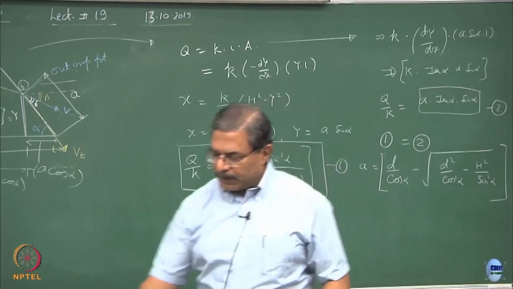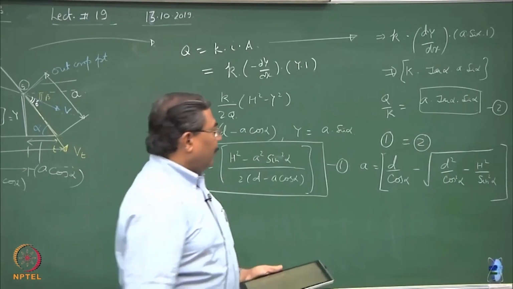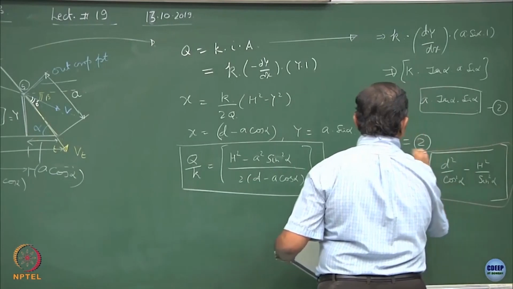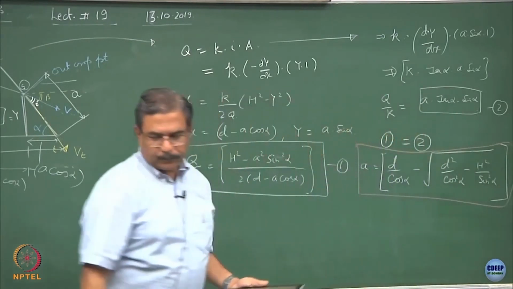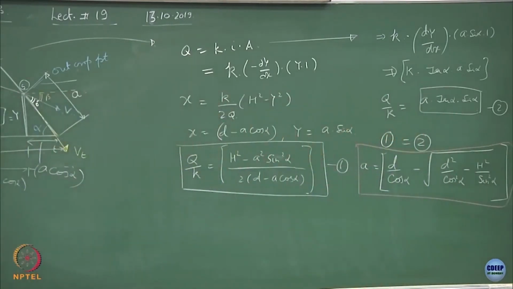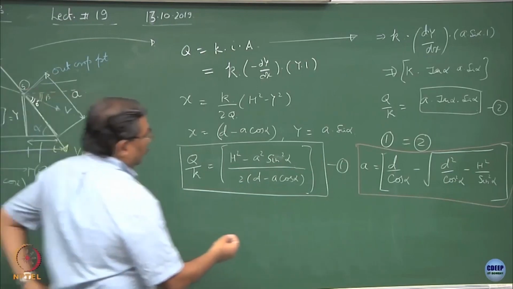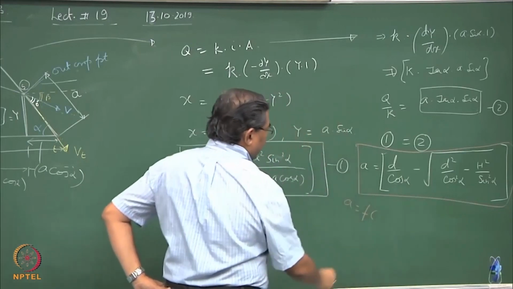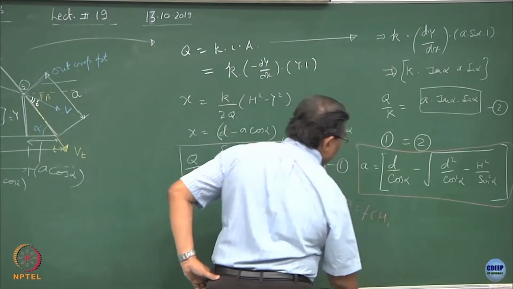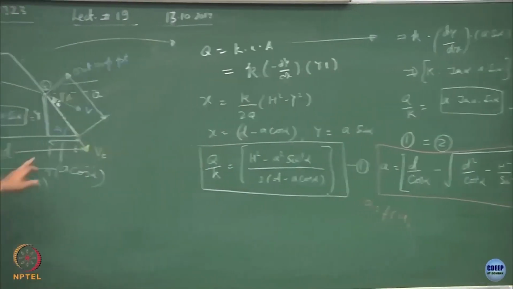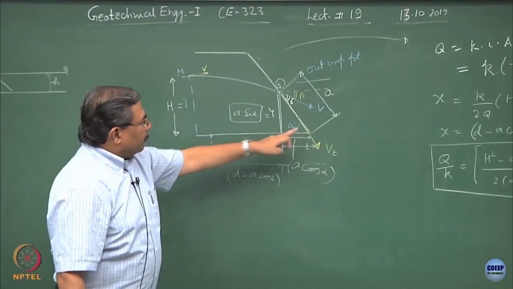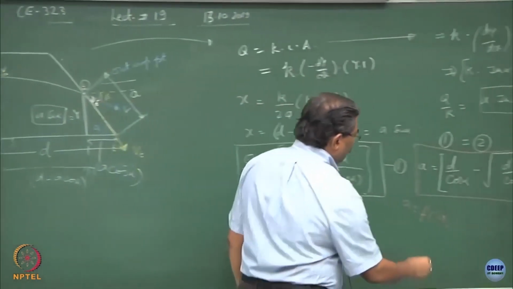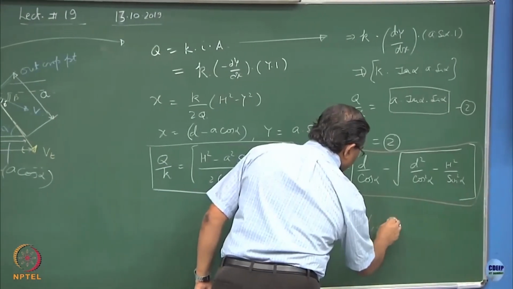So, this is the expression which gives you the value of A. In other words, A would depend upon capital H, number 1, the distance of the section at which H is acting, so D, and the alpha value.